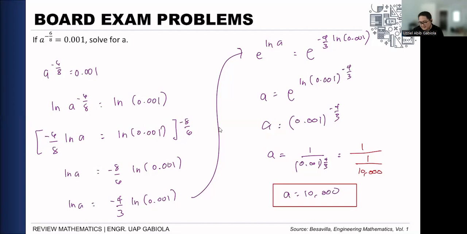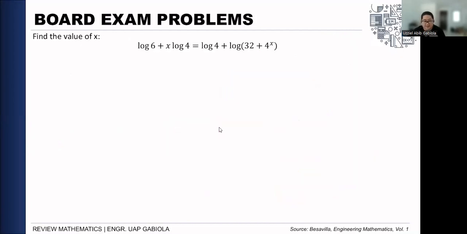Ayan. Okay. Next. Another one. Find the value of x. So, ayan po yung ating logarithm. Sige, simplify natin ito. So, log 6, wala tayong pwedeng gawin sa kanya. Yung x log 4, pwede natin ilagay yung x na exponent sa taas ng 4, no? So, log 4^x. Plus, ito since naka 2 terms siya, hindi siya pwedeng paghiwalayin, so log as is lang din.